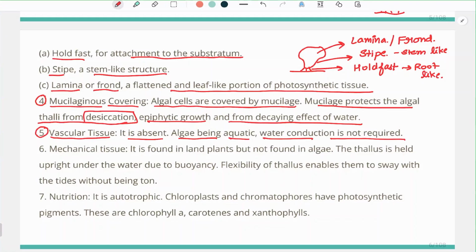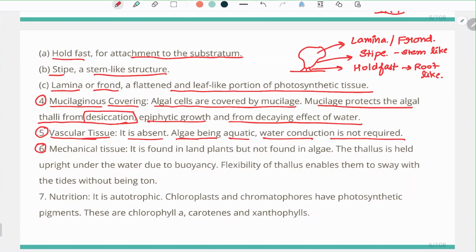It is present in an aquatic environment, so it does not need the transport of water from one cell to another to meet its requirement. The water in the habitat where algae live is ample enough, so the vascular tissue inside the alga is absent because water conduction is not a necessary thing for algae.